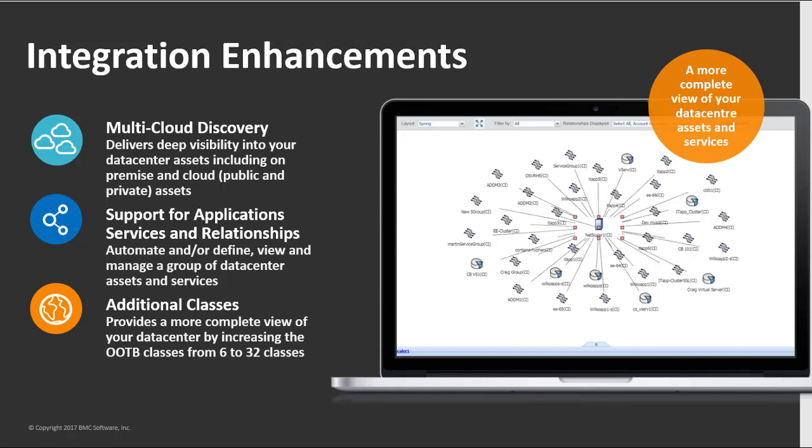A wide range of different components can be grouped under that ERP application service. You can define that kind of logical grouping in BMC Discovery. That kind of grouping is also passed as a CI and its relationships over into the Remedyforce CMDB.